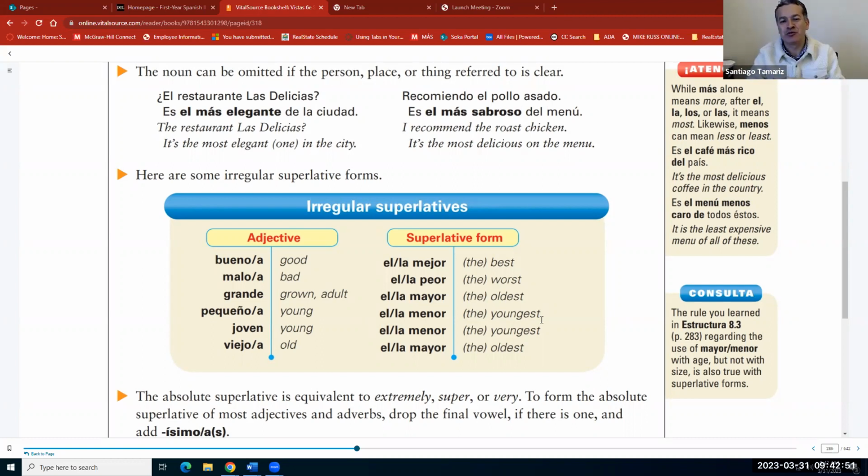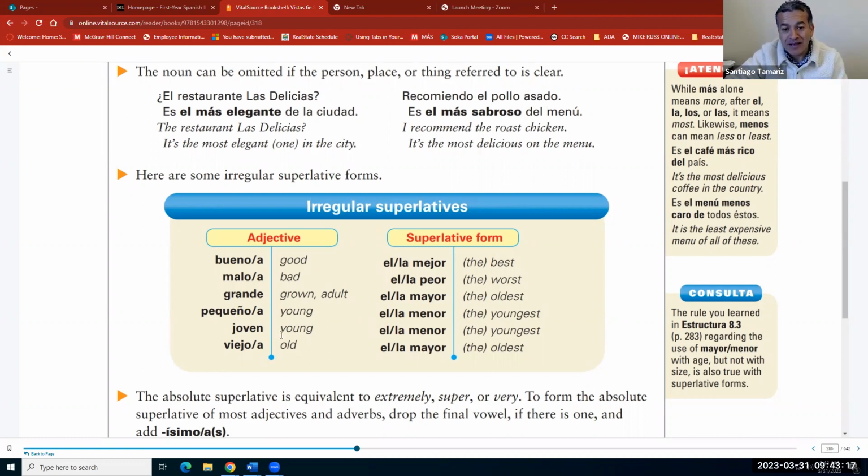Yeah, when we use superlative, we always compare one item from one set. It can be the classroom, the restaurant, the menu, the country, the city, the planet, etc. Joven is another word that we use for age. Joven means also young. If you say pequeño or joven, either one is correct, and the context will tell you which one you're using and what you're referring to.